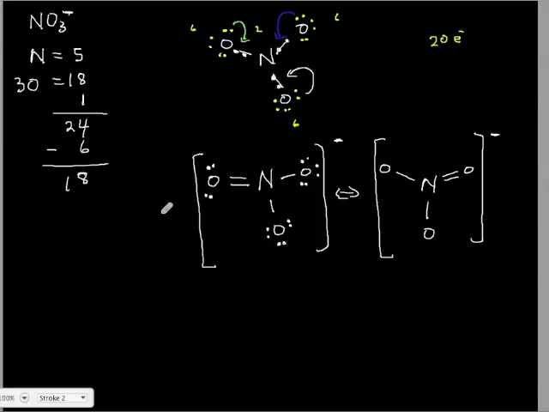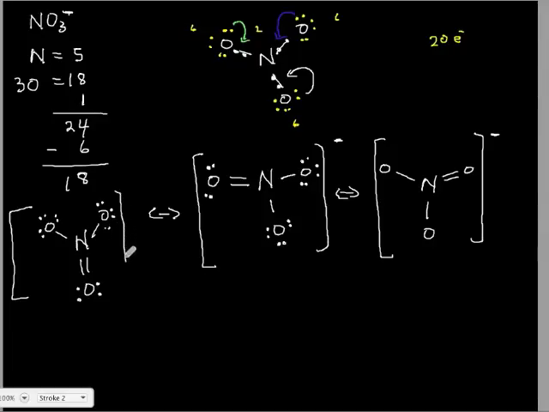And I'm going to put the third one out here, and that would be in resonance with this possibility of a double bond here. So, of course, you must show your non-bonding electrons. I'm going to move this out a little bit so I have some space. And here we go. Again, square bracket, minus charge.